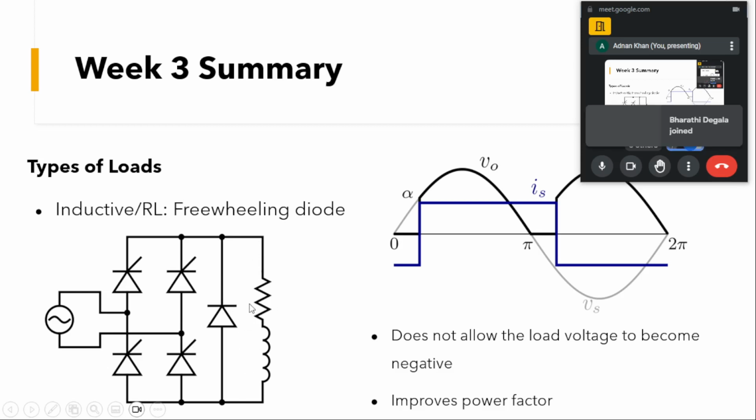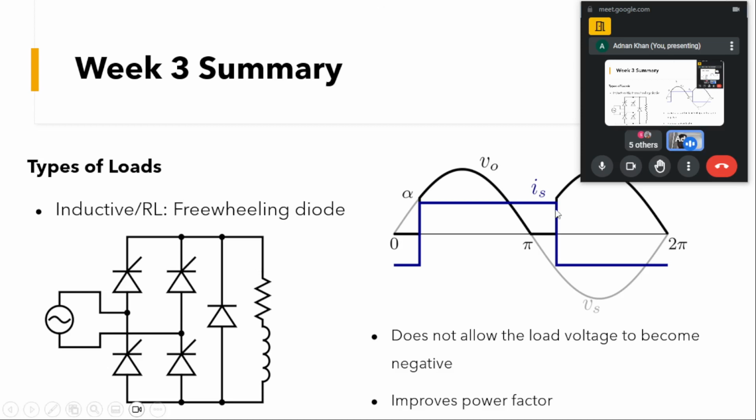What we needed is a path for the inductor current to flow. The inductor will be discharged through this path till the inductor current is zero. We cannot interrupt this inductor current instantaneously, or change its direction instantaneously from positive to negative.